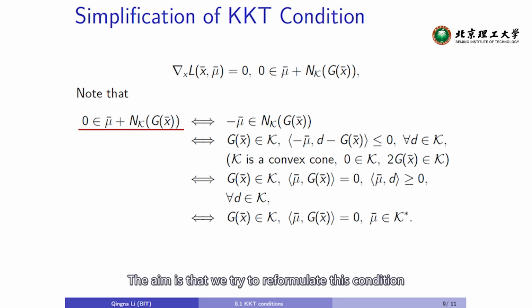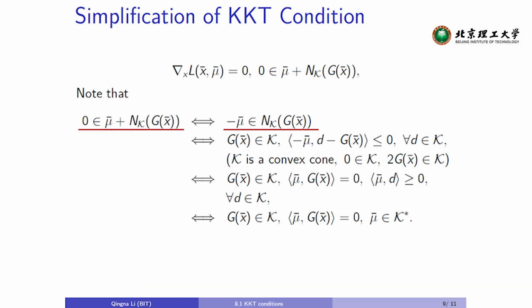The aim is to reformulate this condition as the KKT conditions in chapter 7. If we take a look at this condition, it is equivalent to moving this mu bar to the left-hand side. Then we get that minus mu bar is in the normal cone, okay?